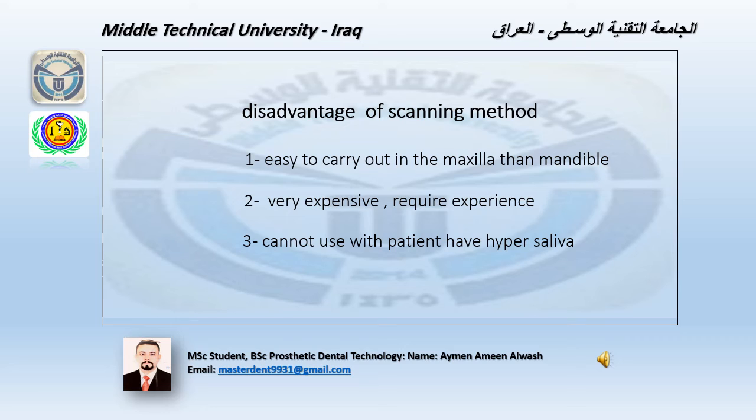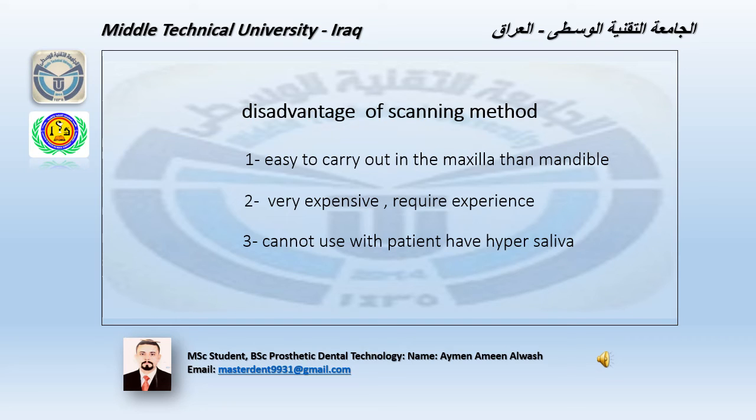Disadvantages of the scanning method. Number 1, easier to carry out in the maxilla than the mandible. طبعا بالماكسيلاري easy to use لأن راح أحتاج direct scanning one direct بينما بالماندبل we have more than one direction of scanning to record all the desirable details of the edentulous lower jaw.